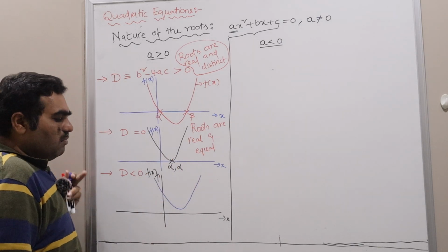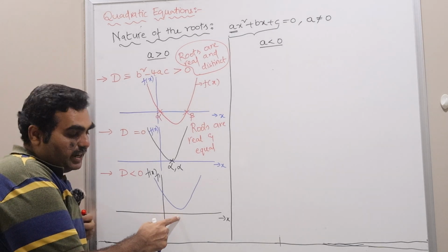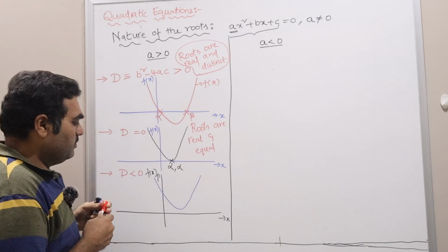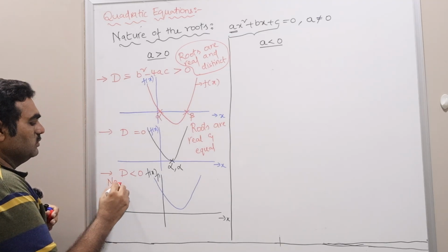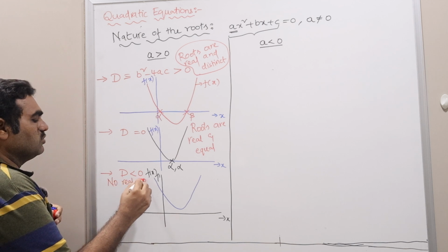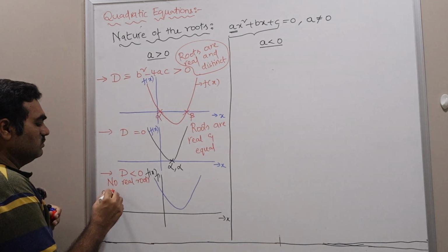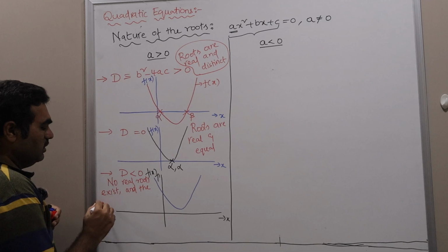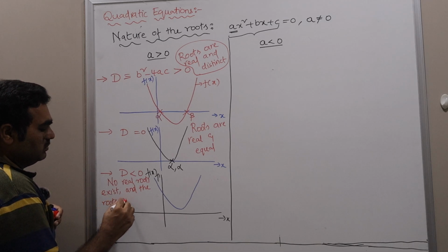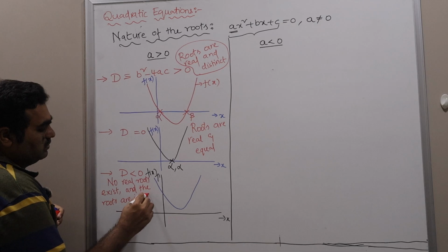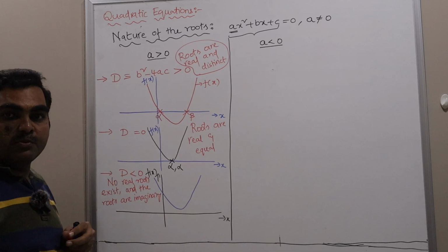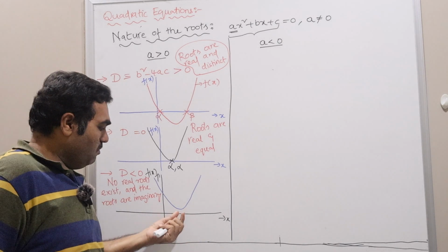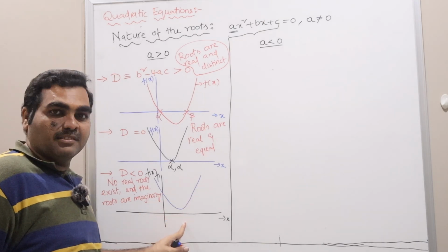You can see there is no point of intersection between f of x and the x-axis, which means I can write this conclusion that no real roots exist and the roots are imaginary. There are no real roots, and there is no point of intersection between f of x and the x-axis.